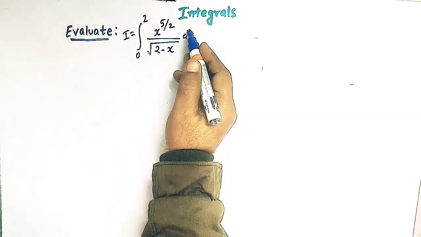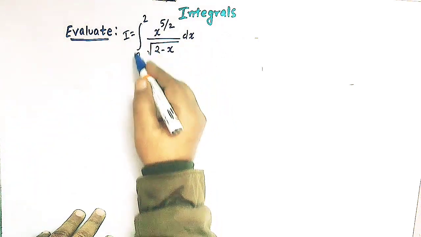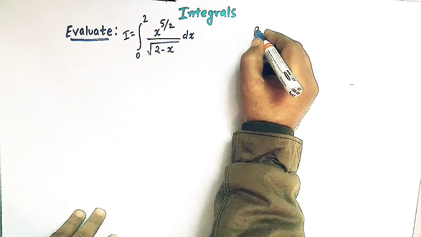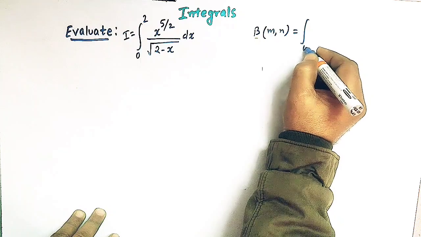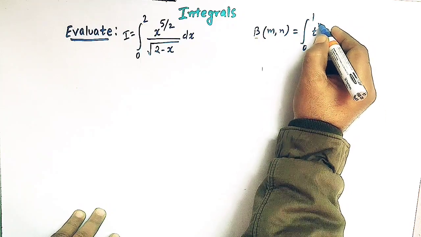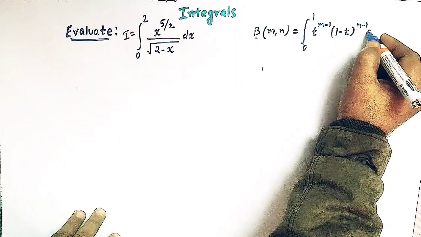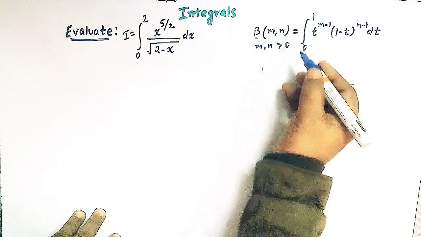Now here what we will do, we will first make use of the method of substitution, right? And by using the method of substitution, we'll convert this integral into this form, that is the beta function, that is beta m comma n is given by the integral 0 to 1 t raised to m minus 1 and 1 minus t raised to n minus 1 dt, where m and n are greater than 0.